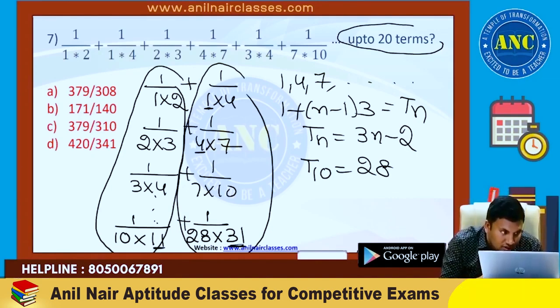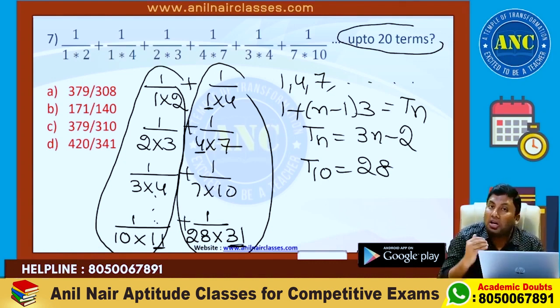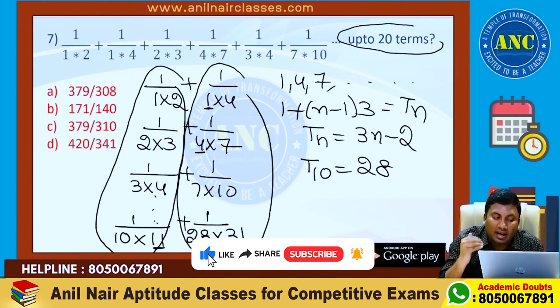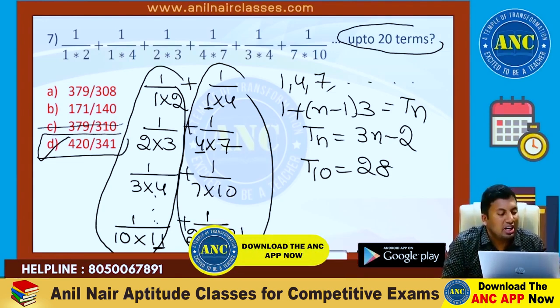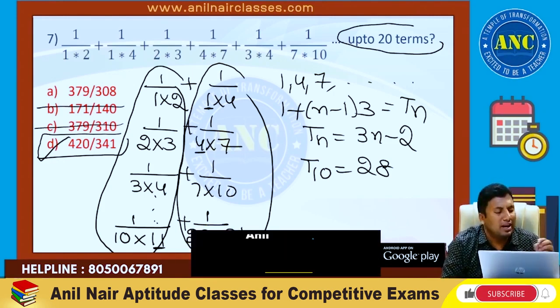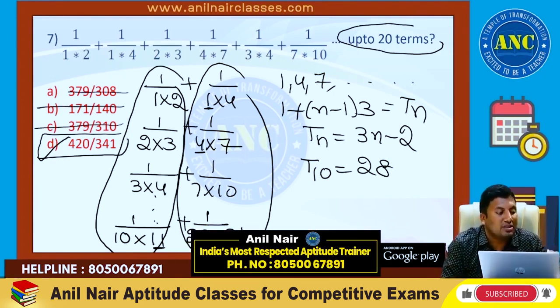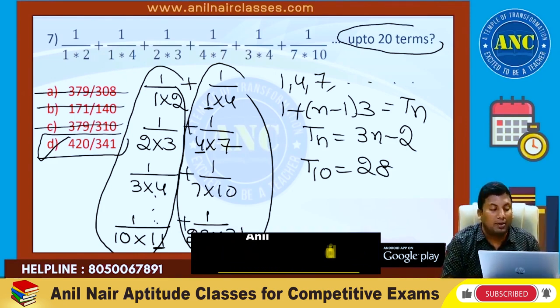In this answer, it should be 31. Denominator should be divisible by 11 and 31. 341. 310 is not divisible by 11. 140 is not divisible by 11. 308 is divisible by only 11 but not by 31.